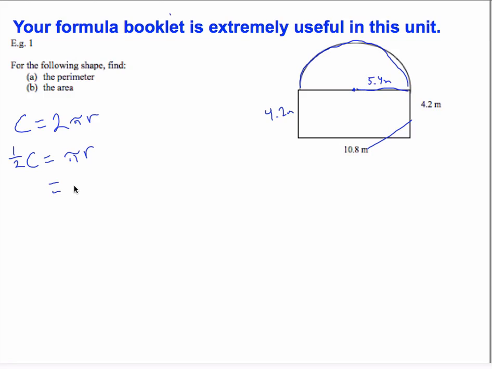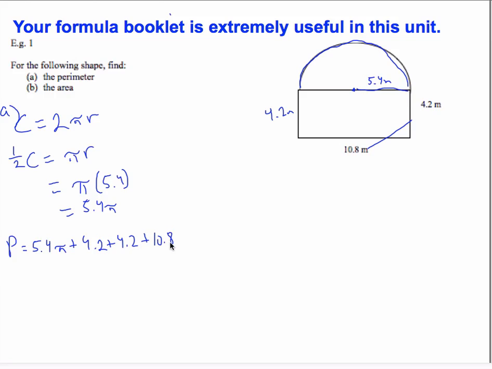So this is equal to pi times 5.4, or just 5.4 pi. The total perimeter of the entire figure is 5.4 pi plus 4.2 plus 4.2 plus 10.8.